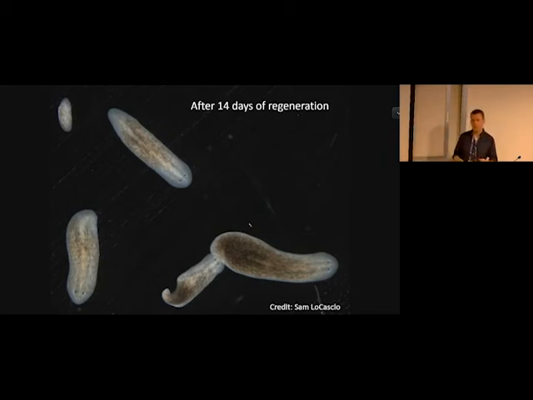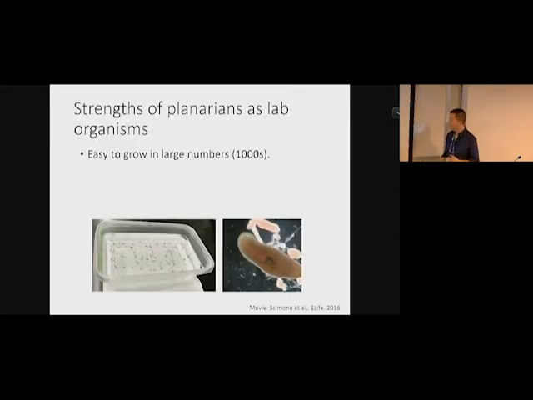And that means that during the course of roughly 7 days and not months, which is something that other regenerative organisms require, we can go through almost all of the stages of tissue growth and analyze them.